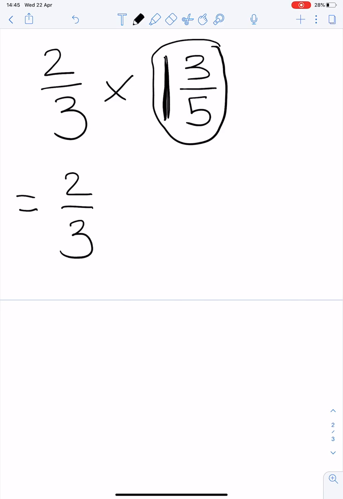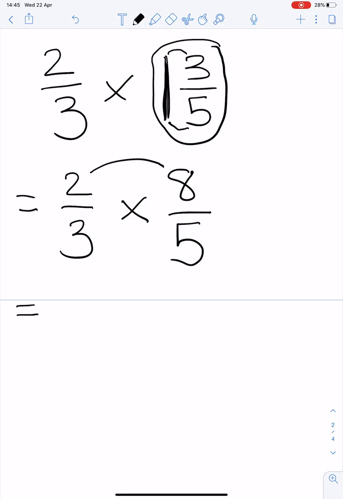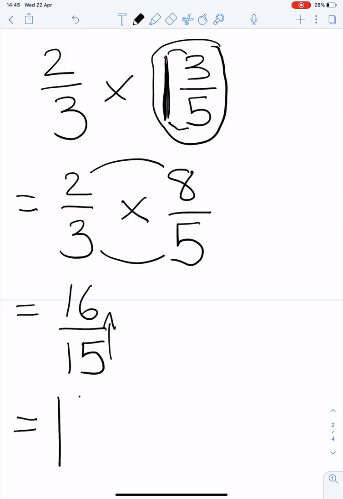So the 2/3 will stay the same. 5 times 1 is 5, plus the 3 is 8 over 5. Now we can go ahead and multiply. 2 times 8 is 16. 3 times 5 is 15. This is an improper fraction, so we must simplify. 15 fits into 16 once, remainder 1 over 15.